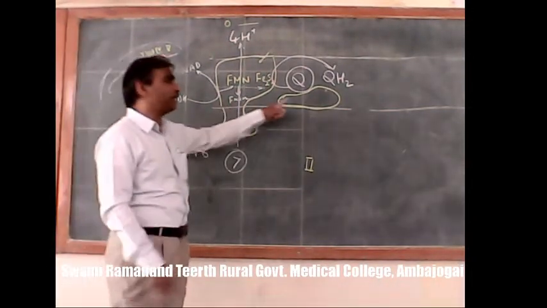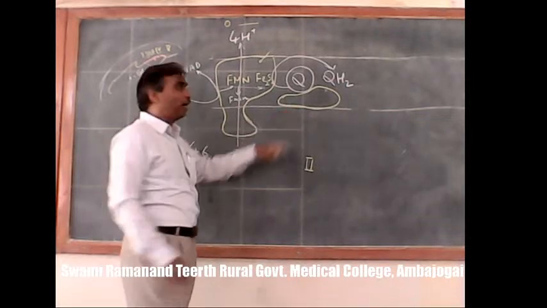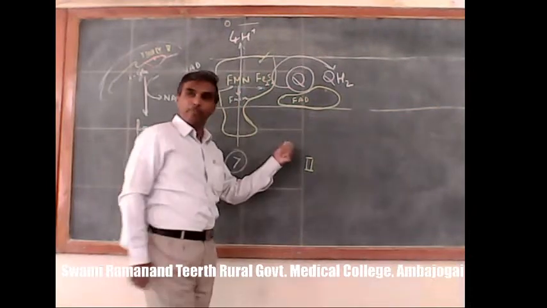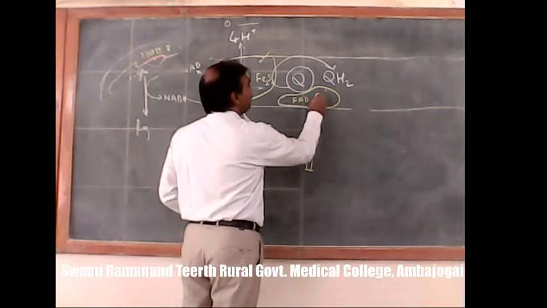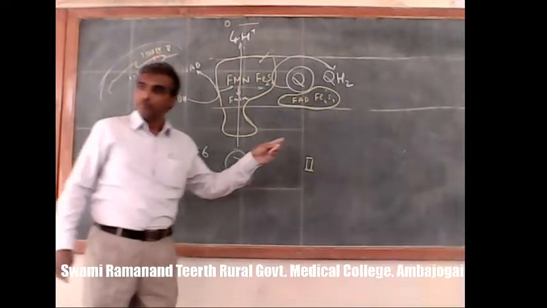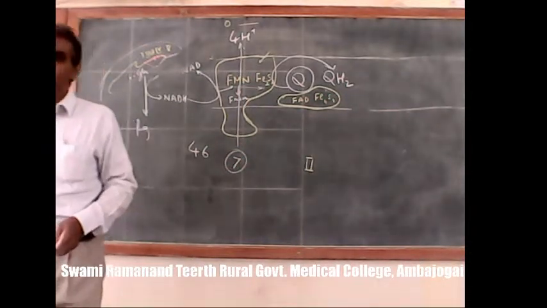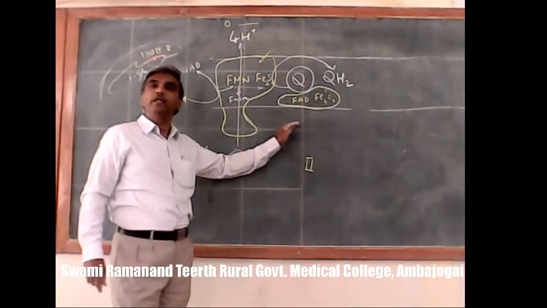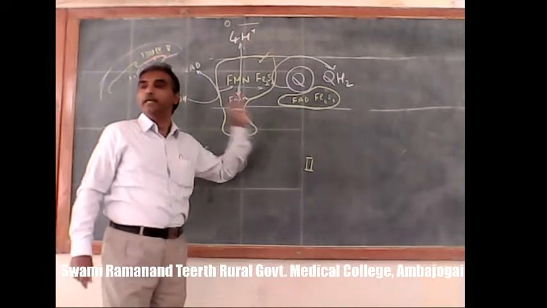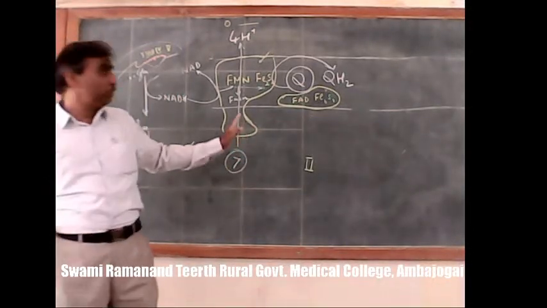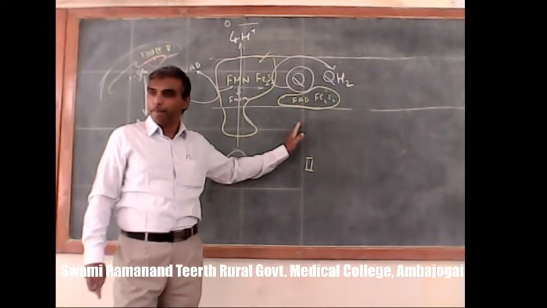This contains the succinate dehydrogenase enzyme. Okay. It also has FAD in it, and again iron sulfur centers. This complex 2 is totally made from nuclear DNA.